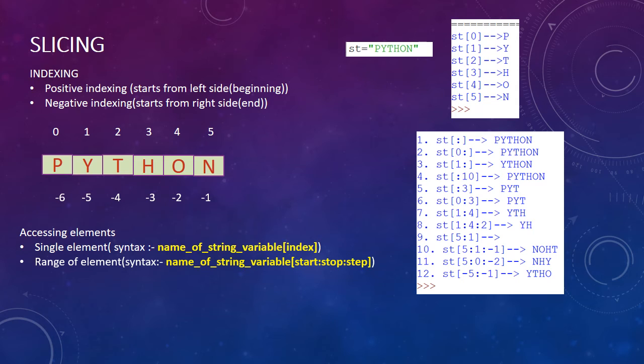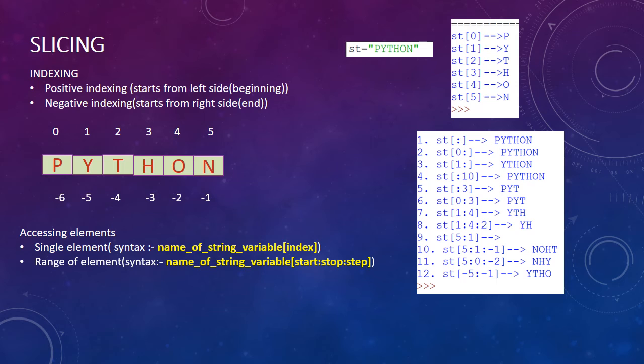Now in the eighth example, I am using the step value. Remember, if you are not specifying any step value, by default the step value, as everyone knows, is 1. So here I am specifying step value 2 in the eighth example. So it starts from 1. What is there in 1? Y, and it is ending till h, because in the fourth index, 4 minus 1, that is 3.